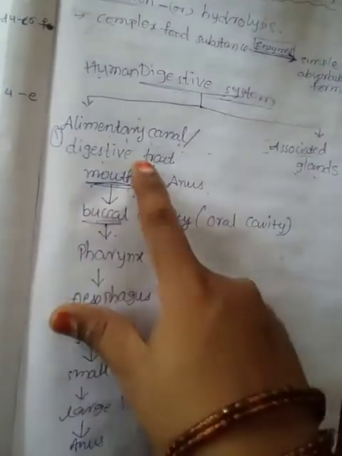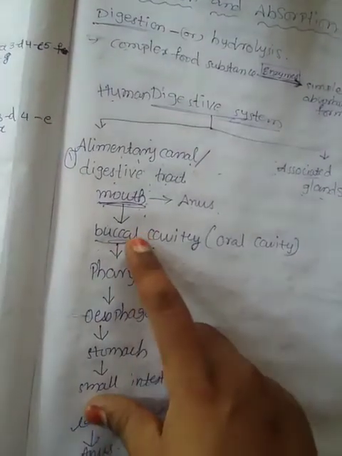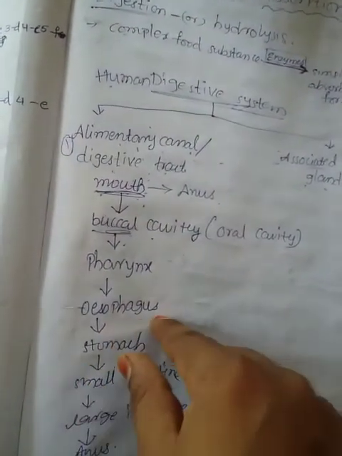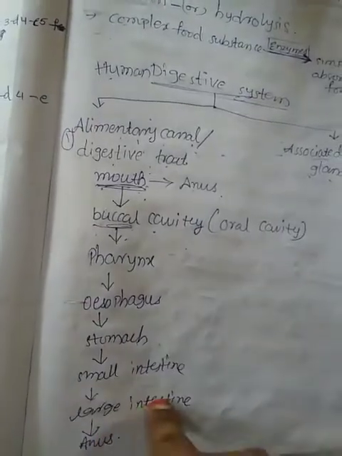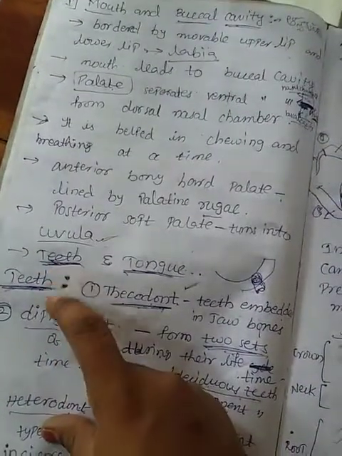In between the mouth and anus there are the buccal cavity, pharynx, esophagus, stomach, small intestine and large intestine. And we also learned what the mouth and the buccal cavity are. And we learned about teeth.